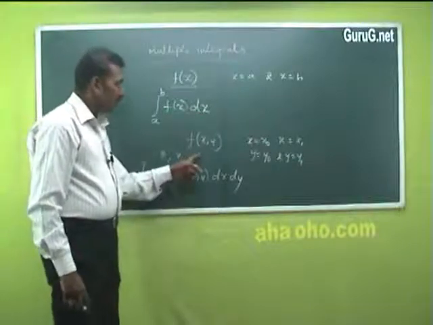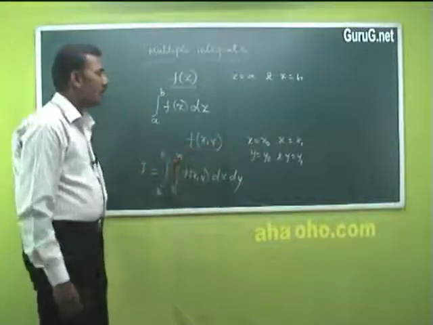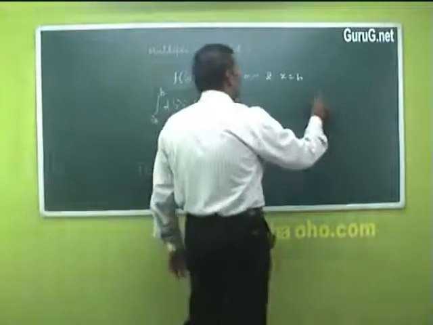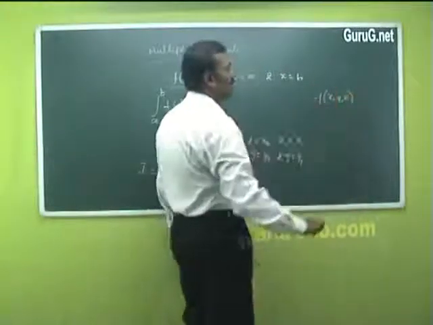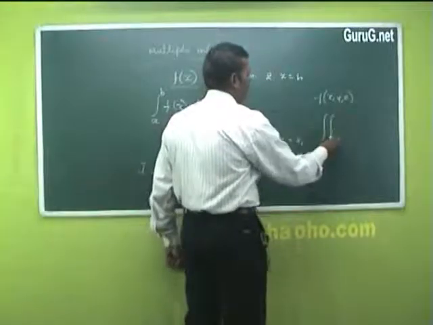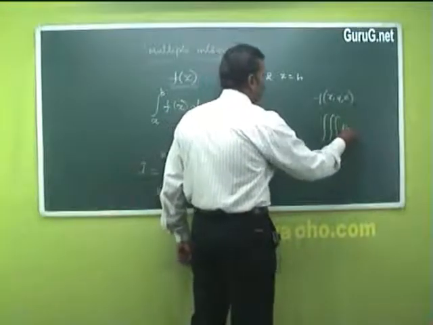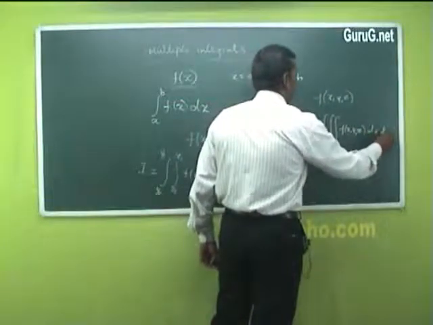Suppose your integrand is a function of three variables x, y, z. You go for a triple integral. You have to integrate this function with respect to x, y, and z. So you may get a triple integral like this: triple integral f of x, y, z dx, dy, dz.